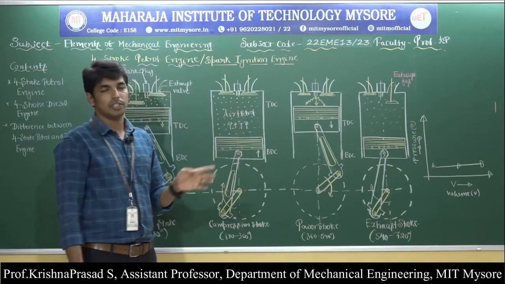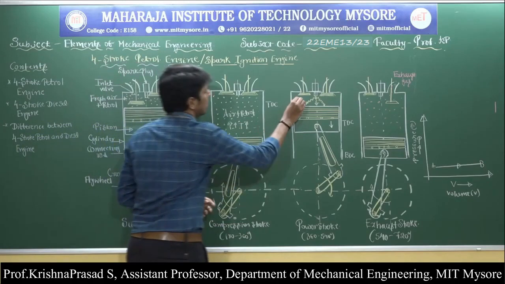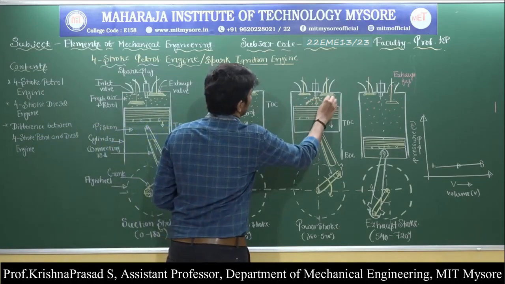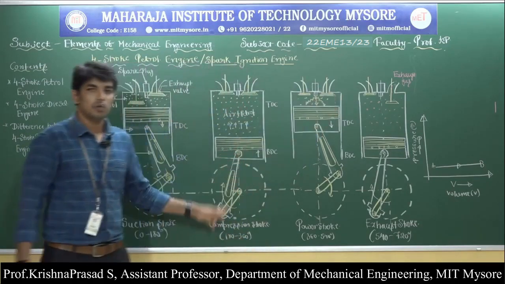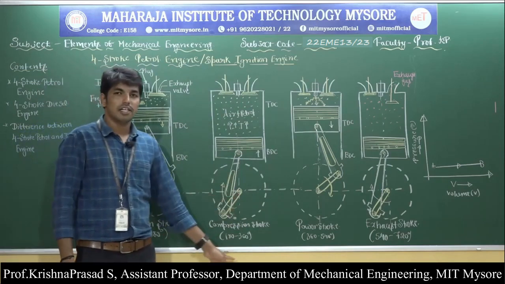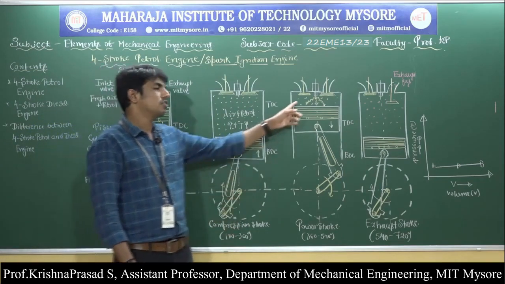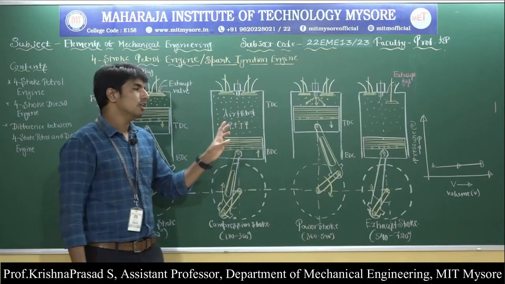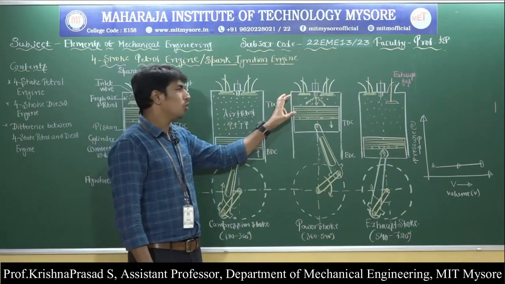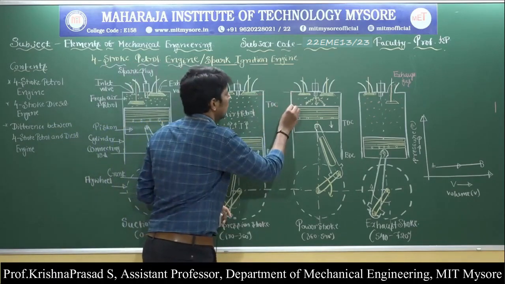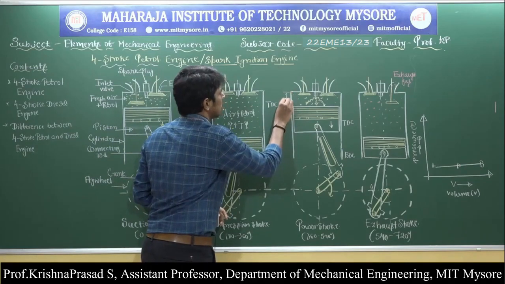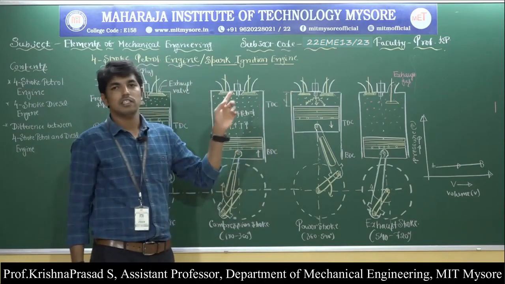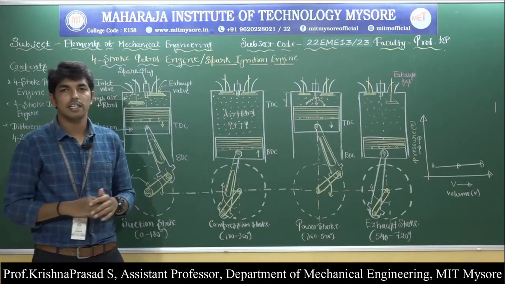At the end of the compression stroke, figure 2 is the starting of the compression stroke, and figure 3 is the ending of the compression stroke. Here at the end of the compression stroke, the volume remains constant for a small displacement. So that is called VC. So VC is nothing but the clearance volume.